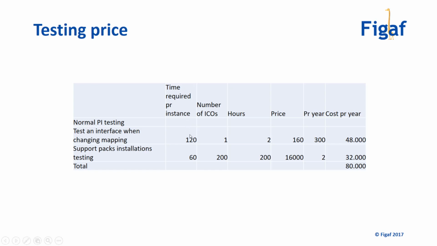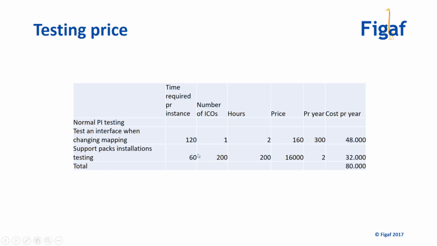My estimation is that this would take 2 hours for each of these tests. That would cost you 160 US dollars, and if you do that 300 times a year, that's 48,000.